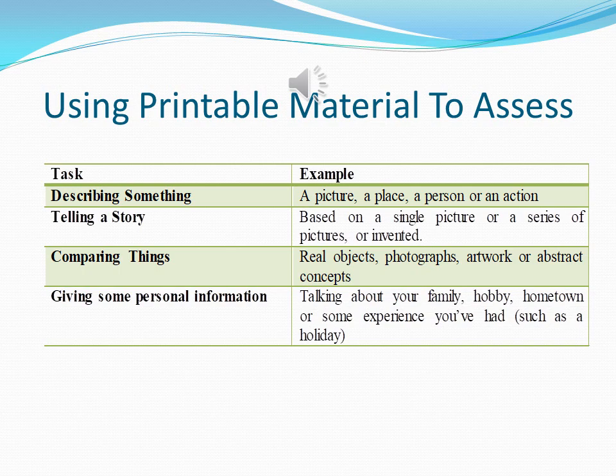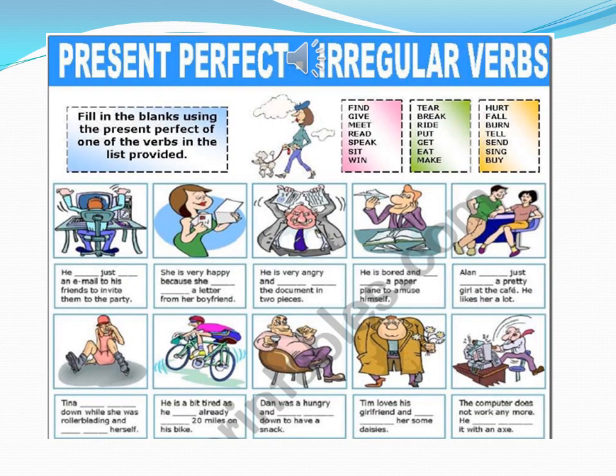Another way to assess is comparing things: real objects, photographs, artwork, or abstract concepts. Another way to assess is giving some personal information, talking about your family, hobby, hometown, or some experience you had, such as a holiday.